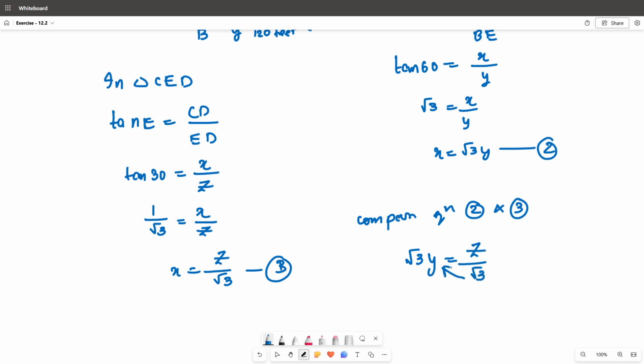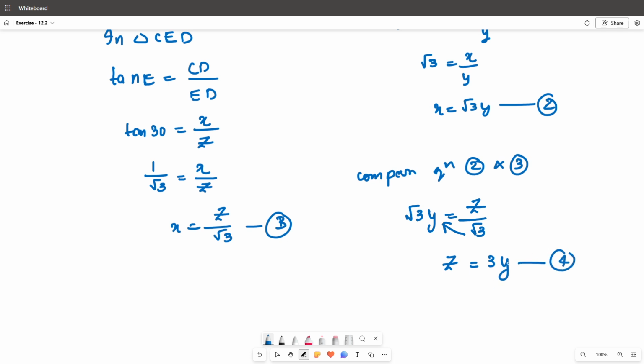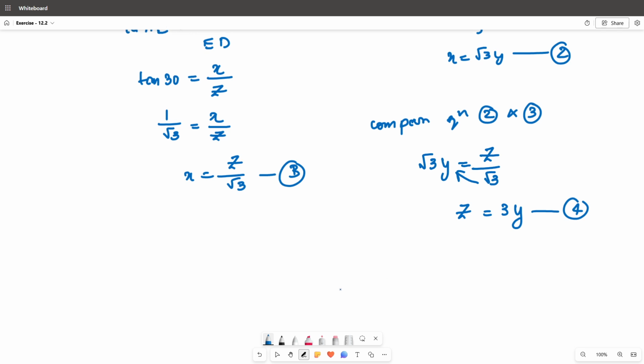Now if I bring this root 3 to the left hand side, I would get z is equal to 3y. Let this be equation 4. Now I substitute 4 in equation 1.